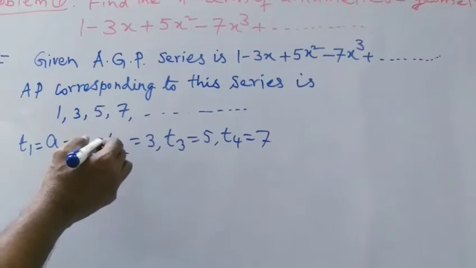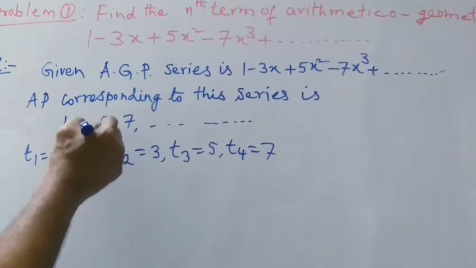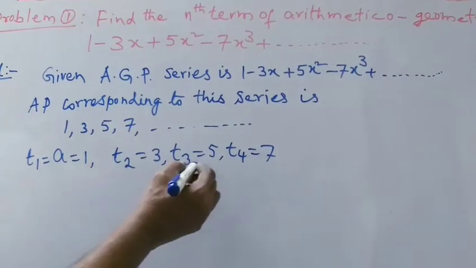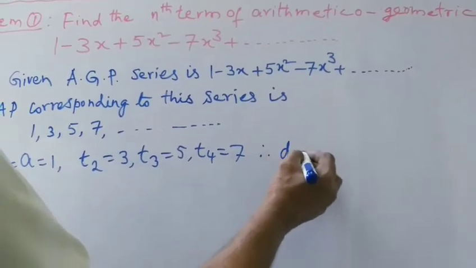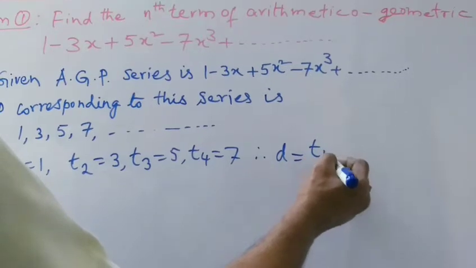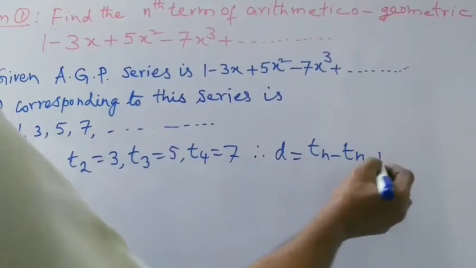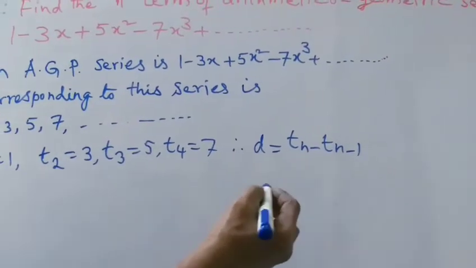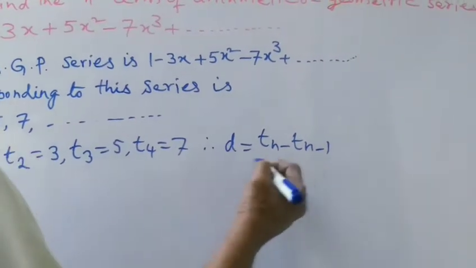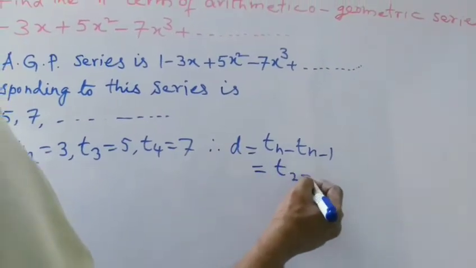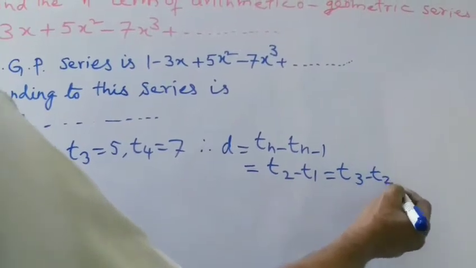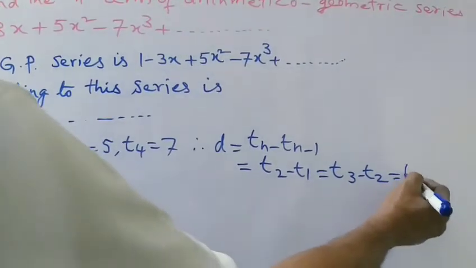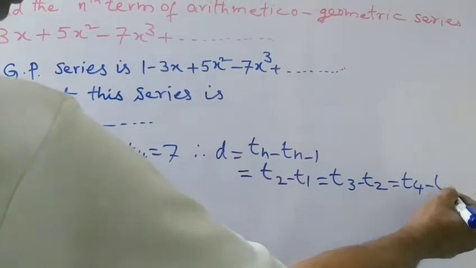Now we have to find the common difference in the arithmetic progression. The common difference is Tn minus Tn minus 1, that is, T2 minus T1 is equal to T3 minus T2 is equal to T4 minus T3.